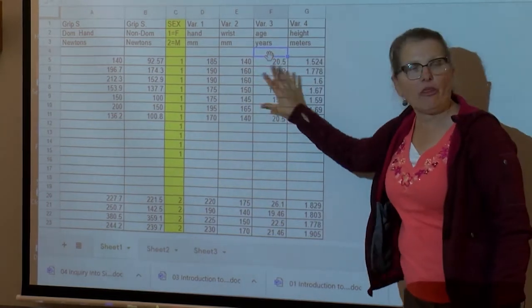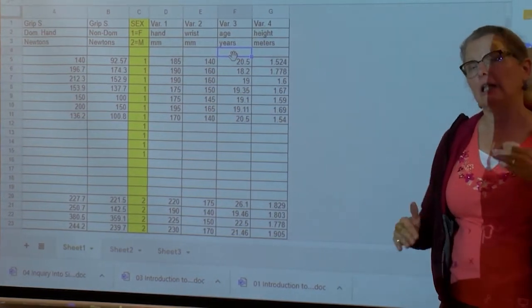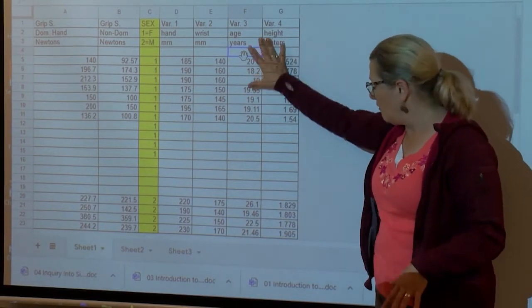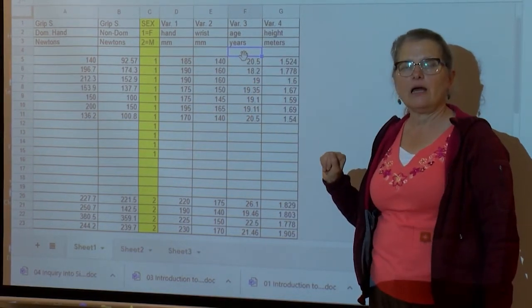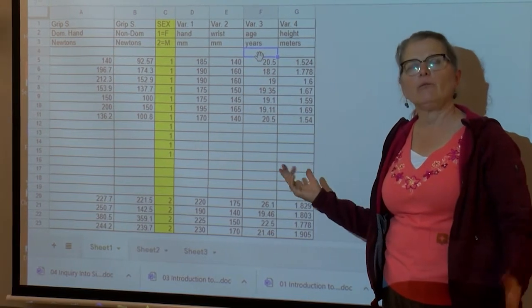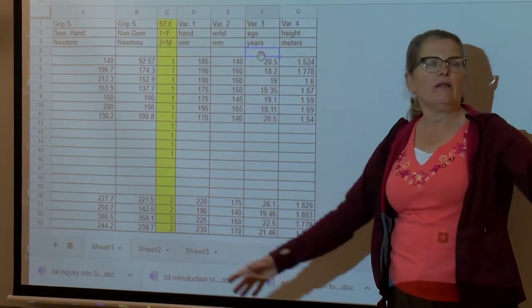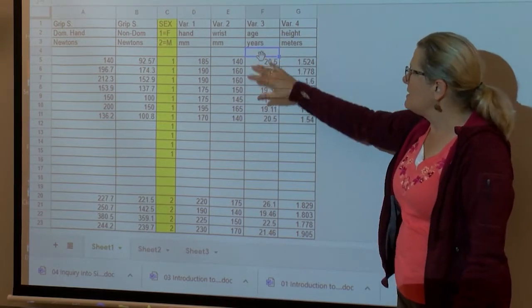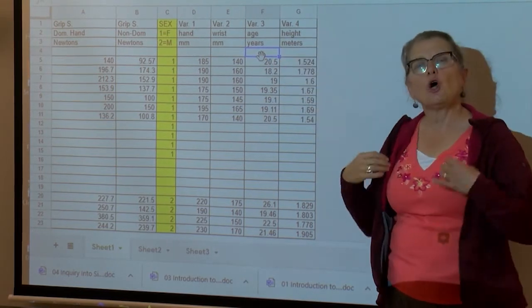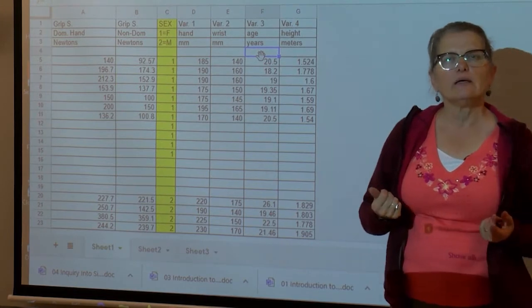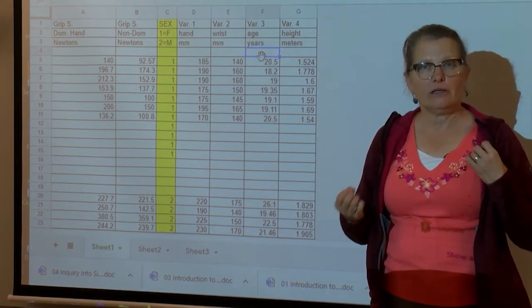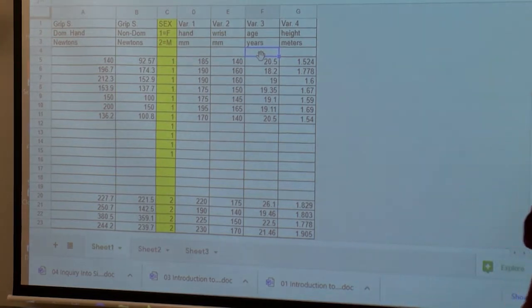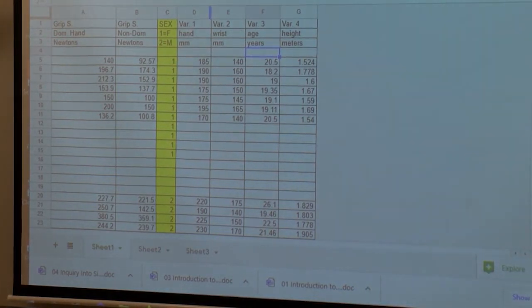These are the 4 variables on that sheet that this class decided to use. They had a discussion, started with 10, and whittled it down to 4. So what we're seeing is whether there is a correlation between these variables and the data.